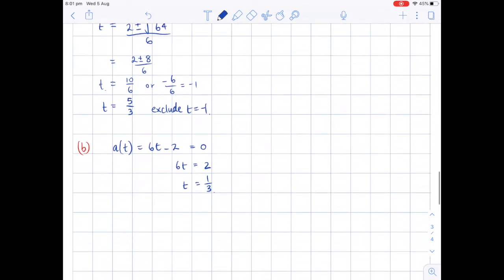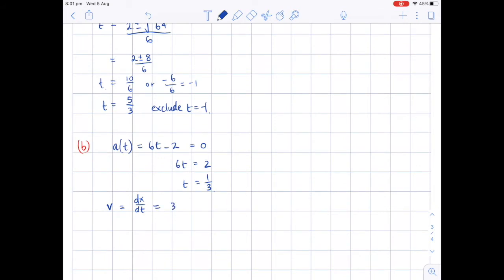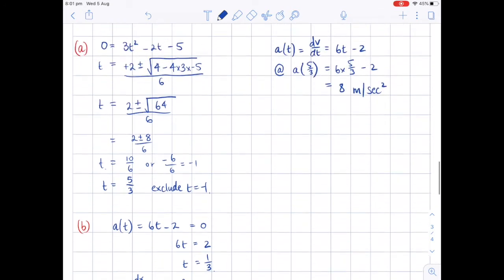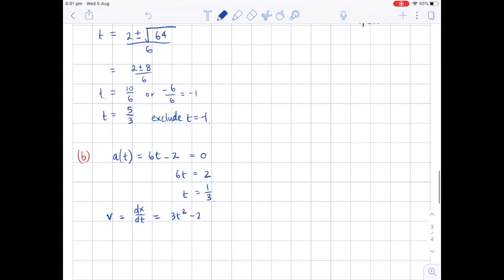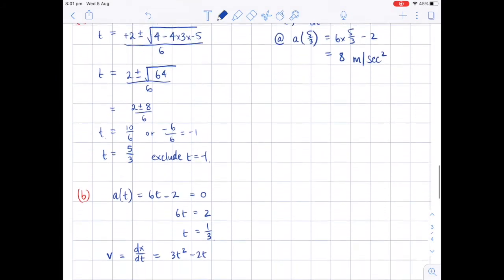Alright, so I've got an equation for the velocity, and I know that the velocity is equal to the derivative of displacement with respect to time. It is 3t squared, I've got to remember that equation now, minus 2t minus 5.